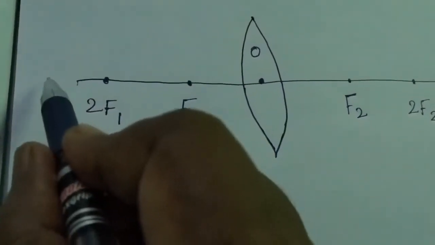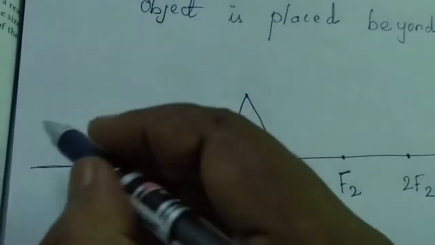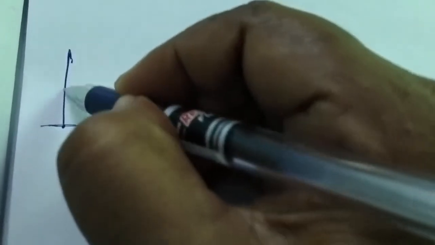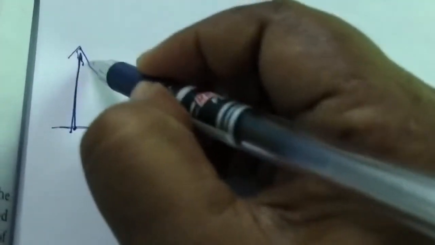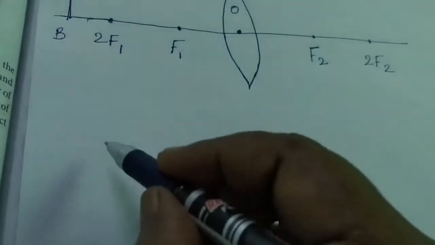So here we are going to place the object beyond C. A and B is meant for the object.